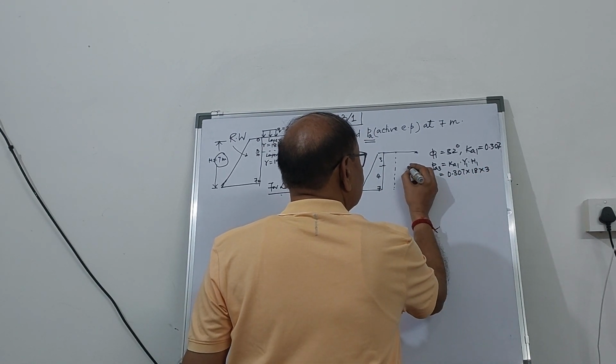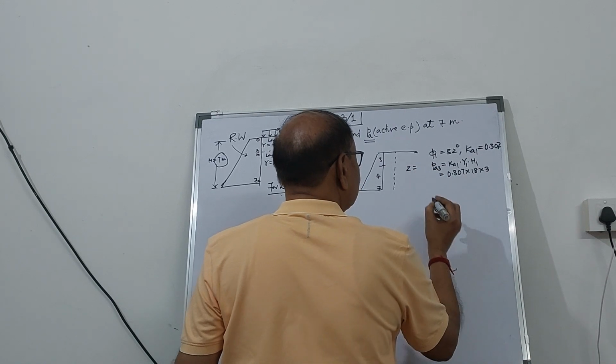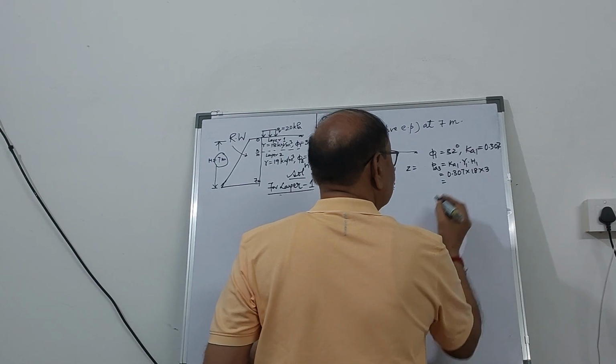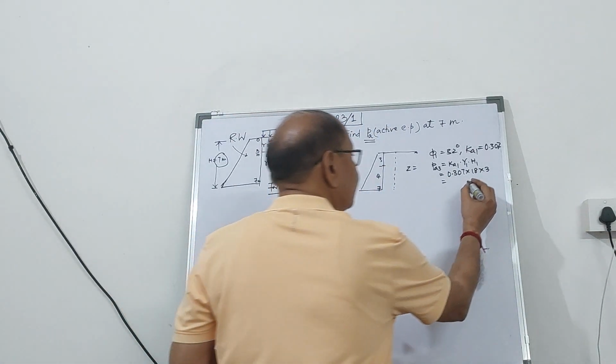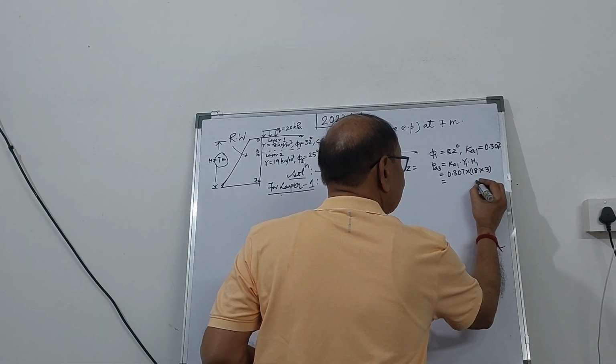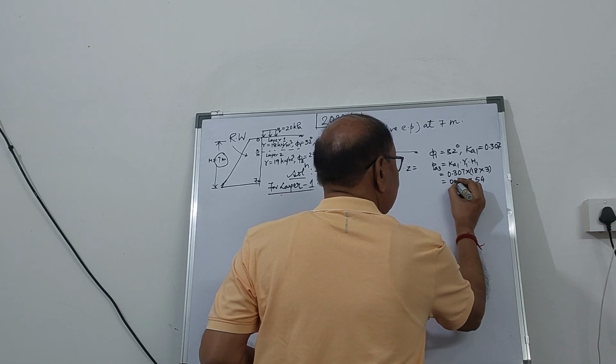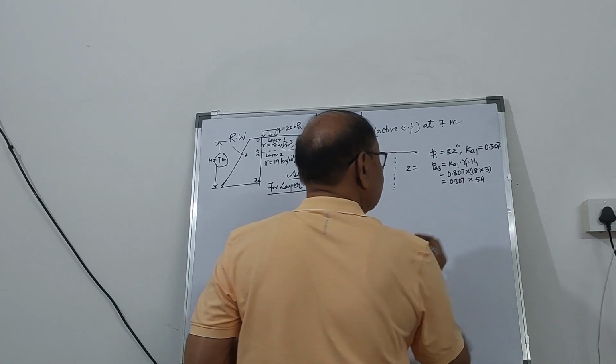So at Z equal to 3 meter, the vertical pressure is going to be 54 multiplied by 0.307.